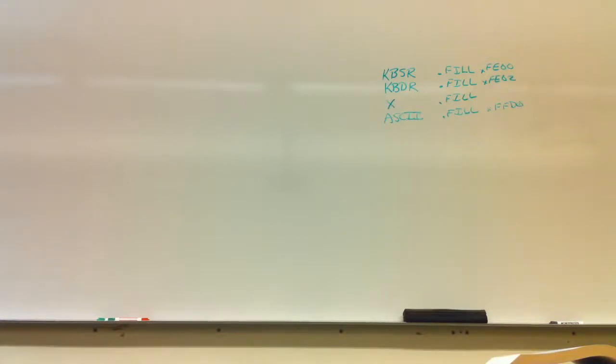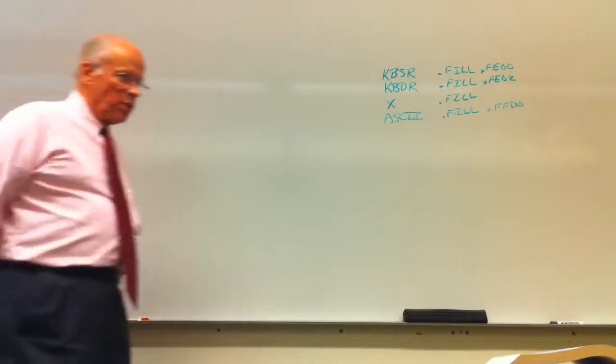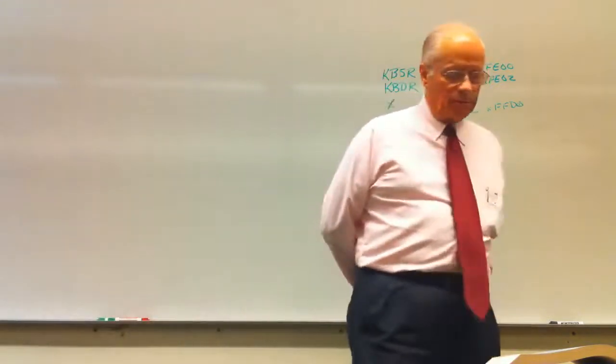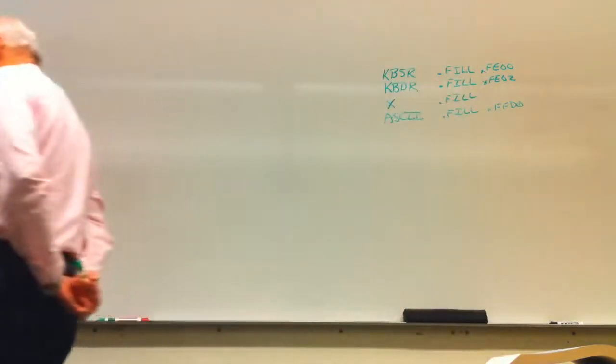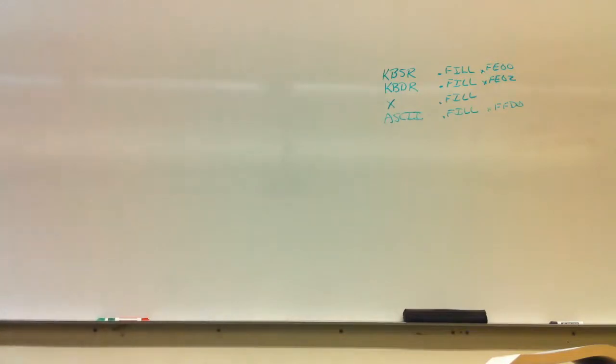Now, I may not end up with the same registers I had last time. We won't worry too much about that. We're going to begin here with a wait loop, where we basically check what's in that status register.